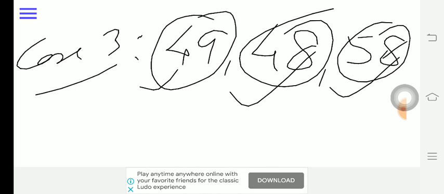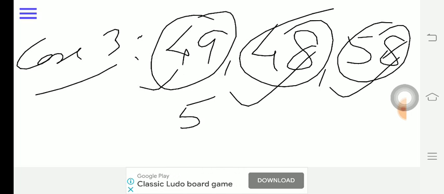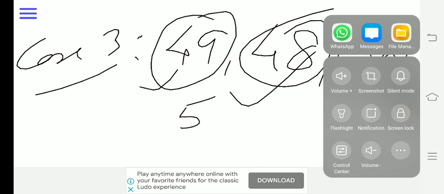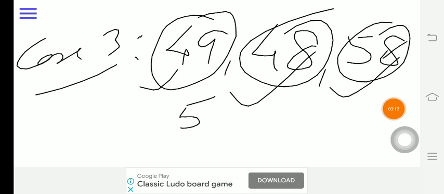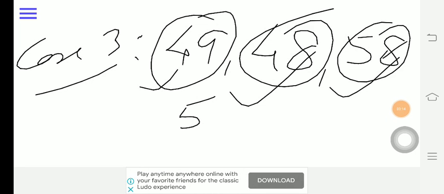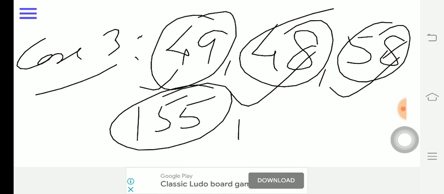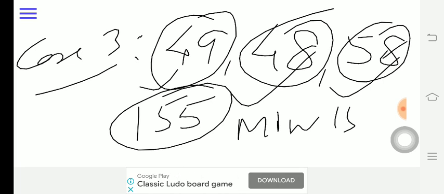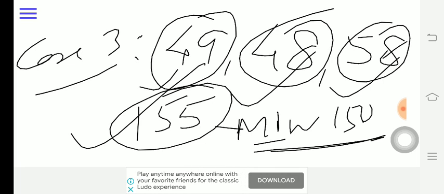Let us sum this: 49 plus 48 is 97, plus 58 is 155. So again it is minimum 150, which means you are again pass.